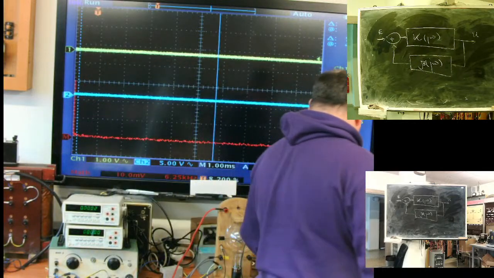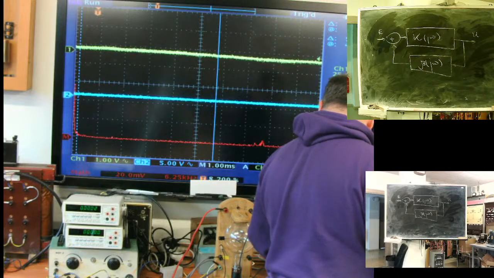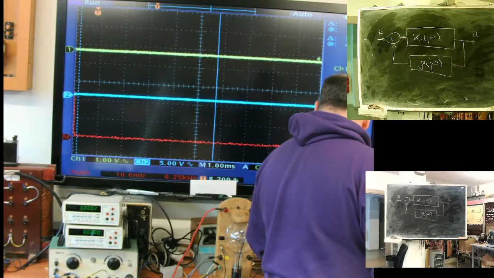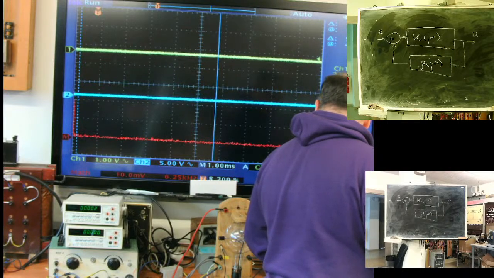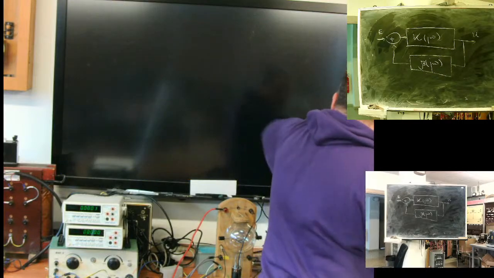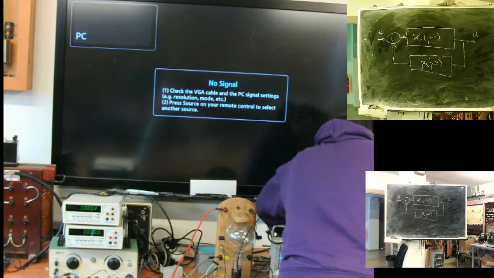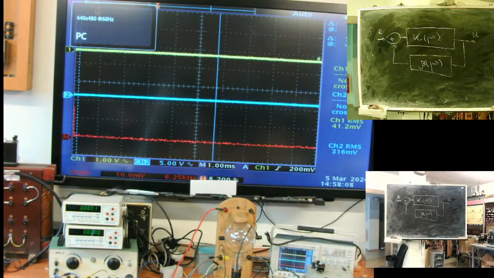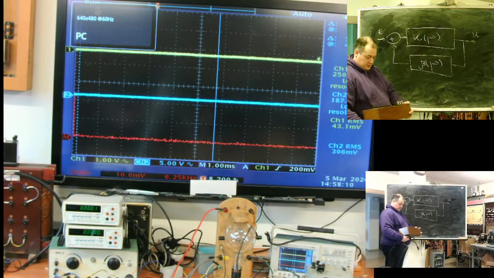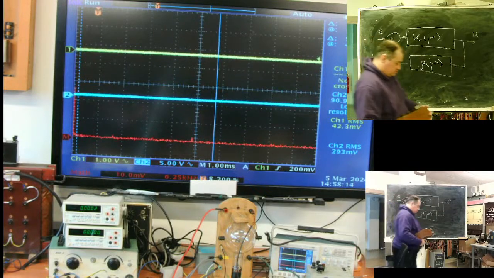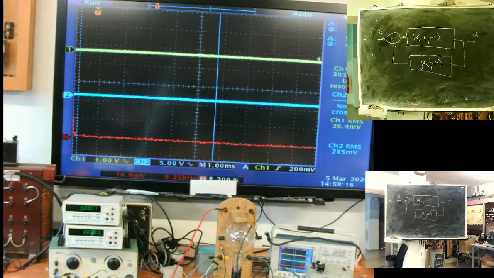Another name for it: system with feedback. Good resistance.